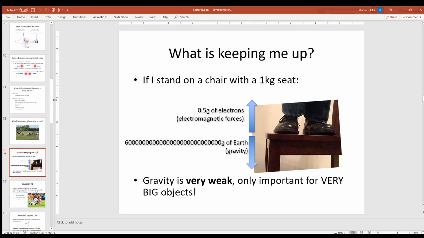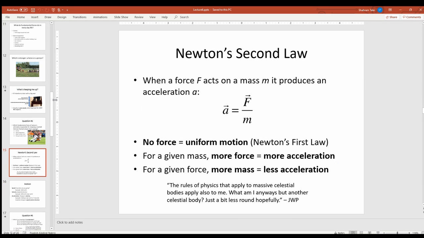So electromagnetism is a short-range strong force, but gravity is a long-range weak force. For example, the electromagnetic force from 0.5 grams of electrons is equivalent to the gravity of this huge number of grams of Earth. So gravity is really a weak force, and we need a lot of matter to have gravity.